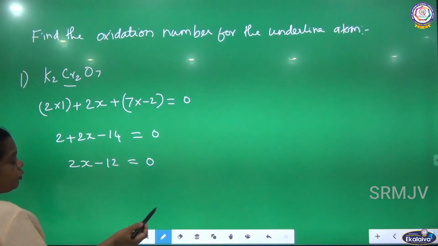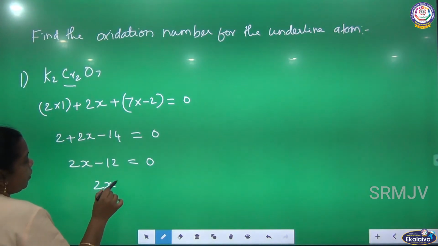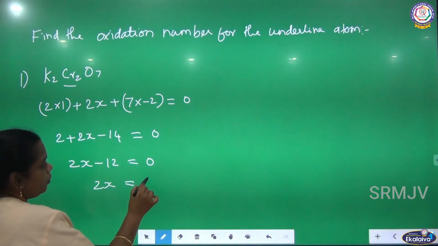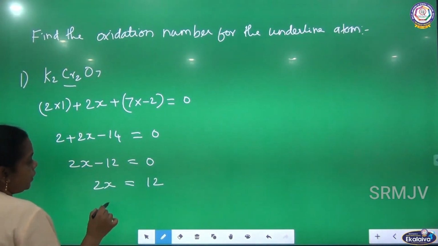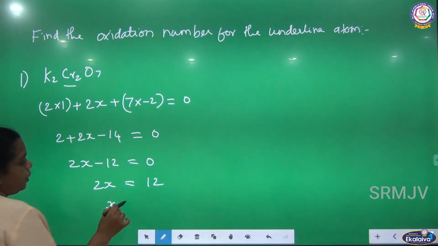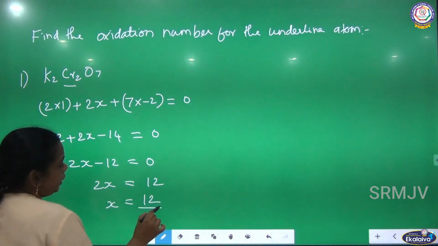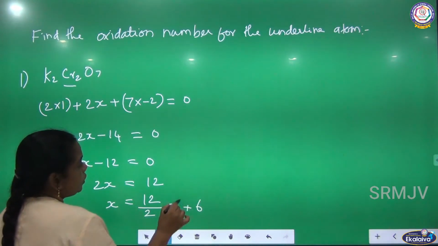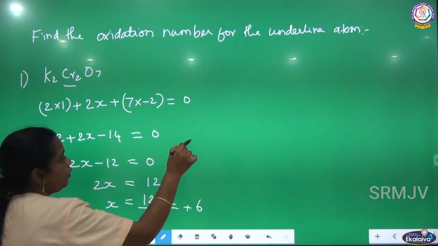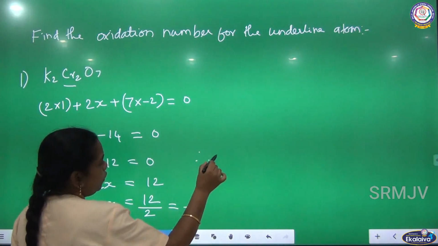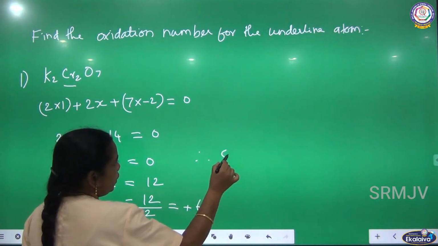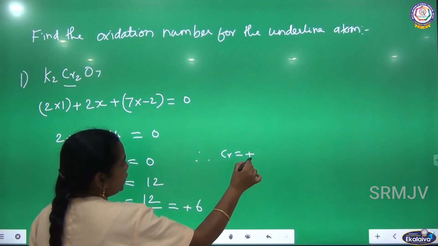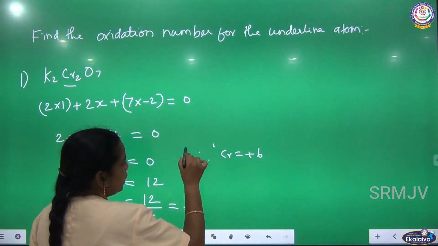Then if you bring -12 to this side, it becomes +12. Now take x: 12 by 2 equal to 6. So what is the oxidation state for chromium? Therefore the oxidation state for chromium in this compound is +6.